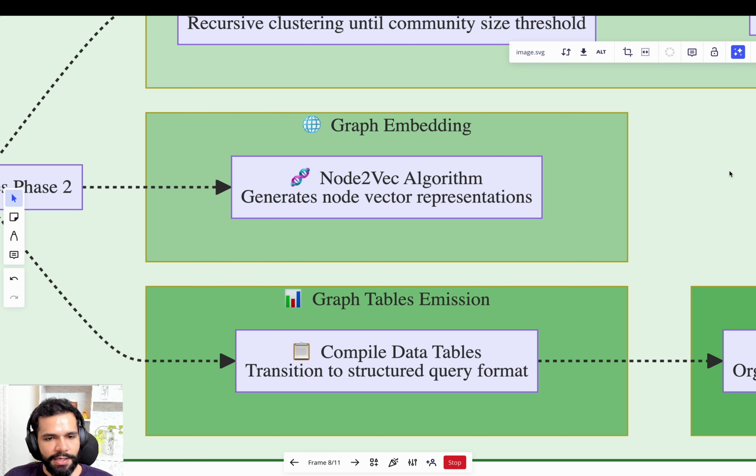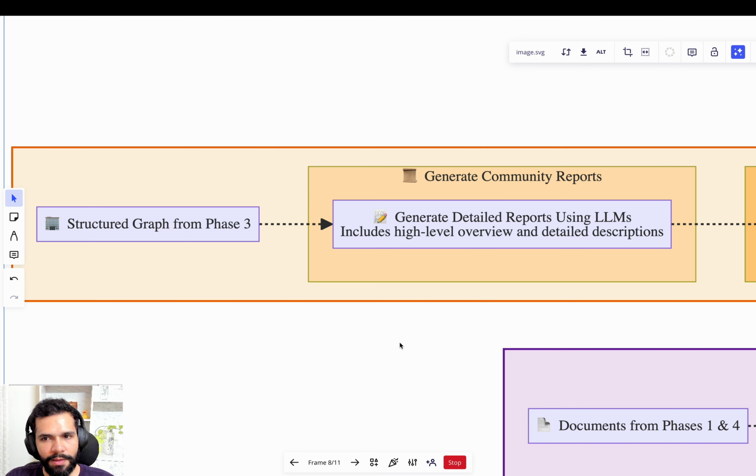Phase 4. What is phase 4? Phase 4 is community summarization. As we touched upon just now, this is a lot of tokens. This is a lot of text being moved around. So it would be better for querying if it's more concise, more information dense and smaller in size.